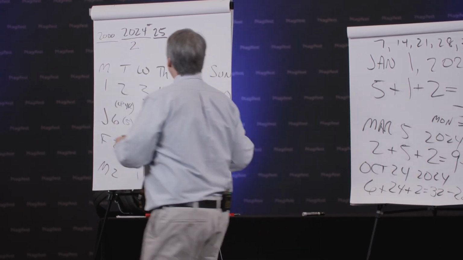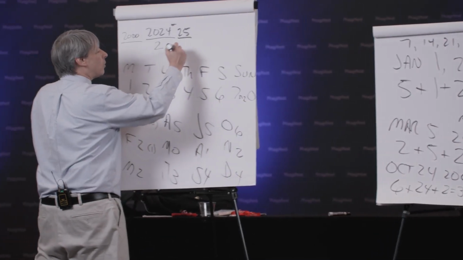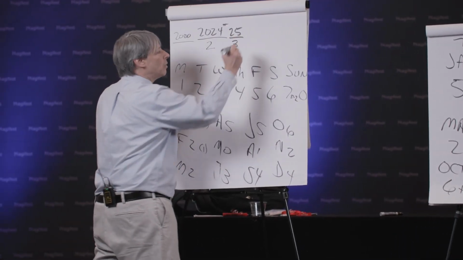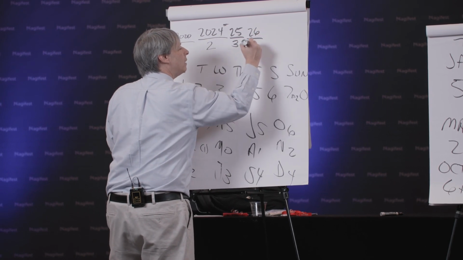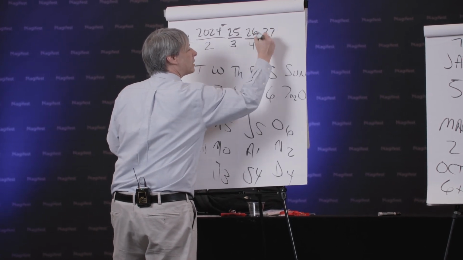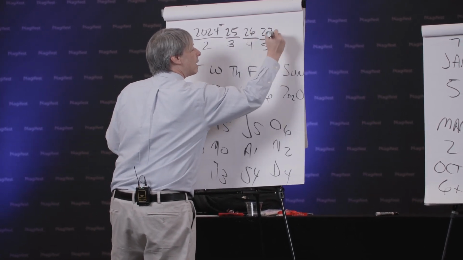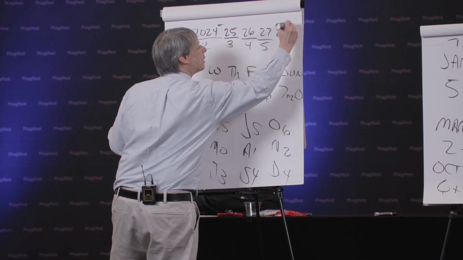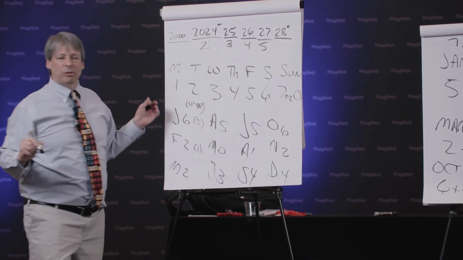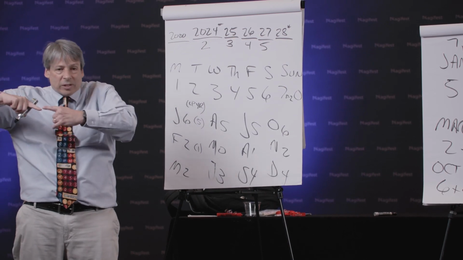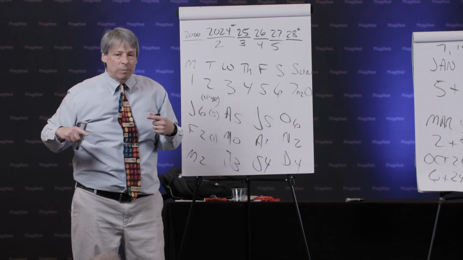So the code for 2025 will simply be 3. For 2026, it'll be 4. For 2027, it'll be 5. Now, 2028 is a leap year, right? And so most of the time there are going to be 366 days between your birthdays.